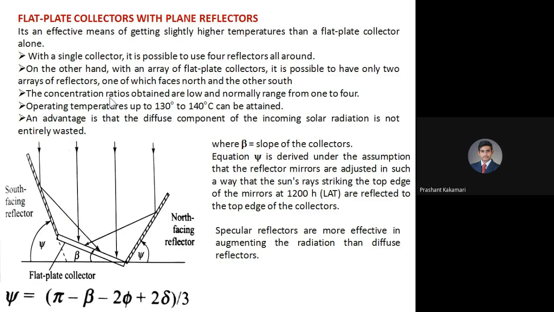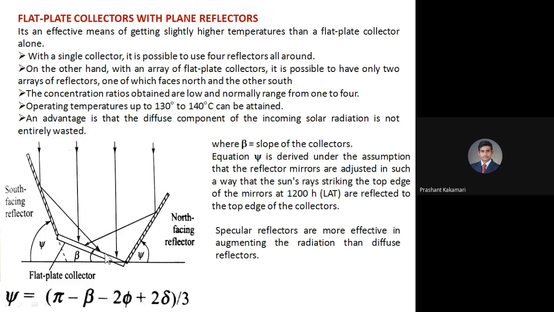We have already discussed some of these points in earlier classes. Here you can see a flat plate collector at the bottom, shown with some tilt angle beta, which we have seen earlier. This tilt angle is measured with respect to the horizontal surface on the earth.